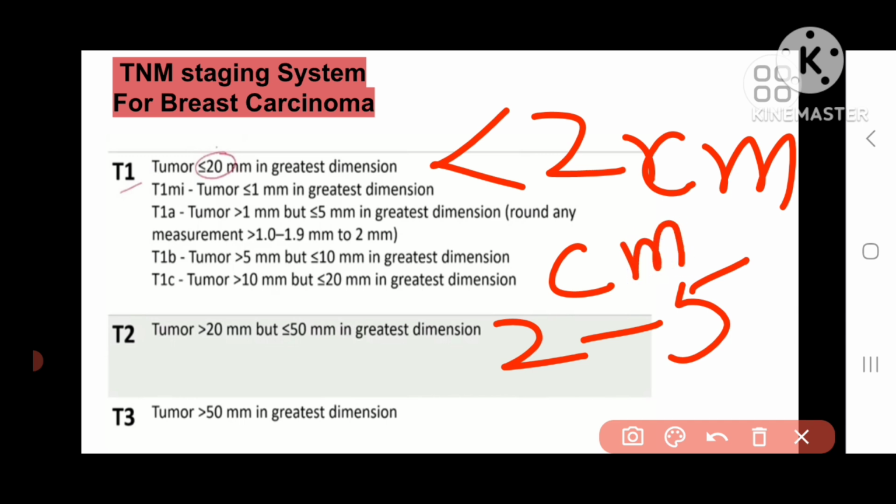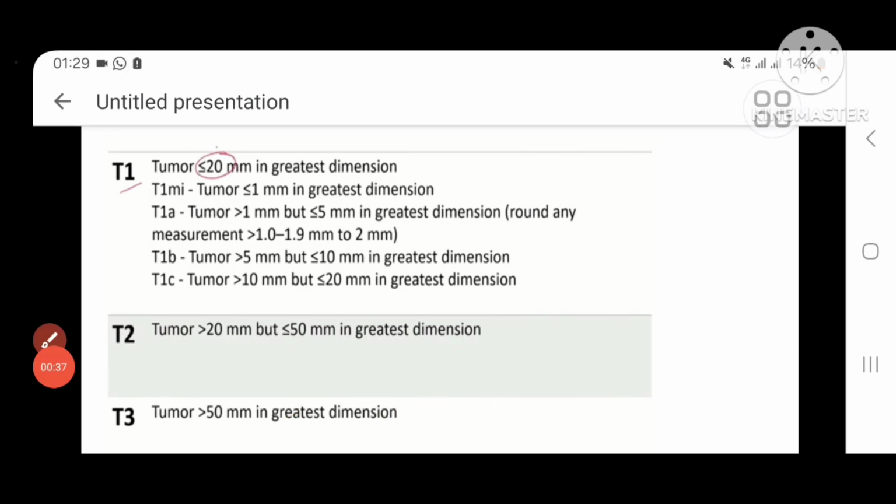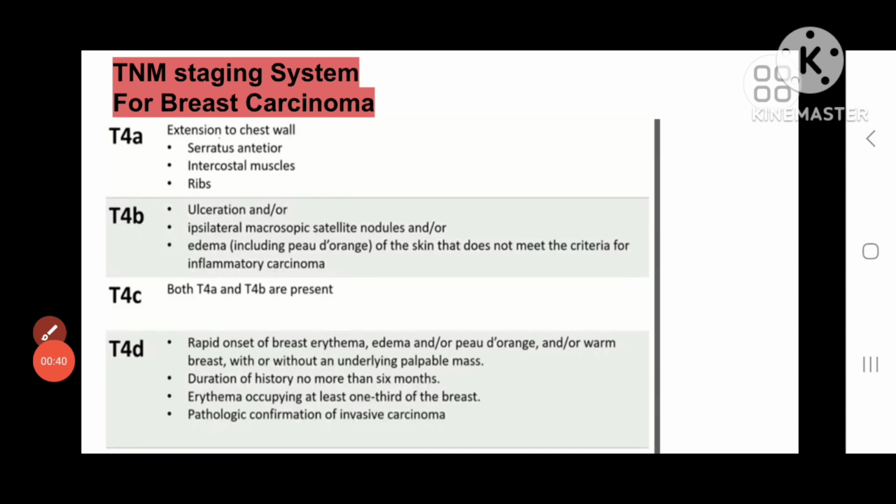T3 means tumor size is greater than 5 cm in greatest dimension. T4 is classified into 4 subtypes: T4a, T4b, T4c, and T4d.